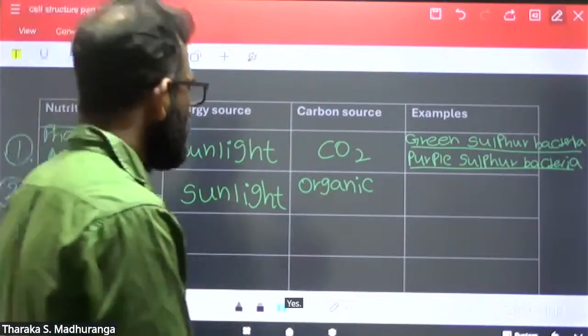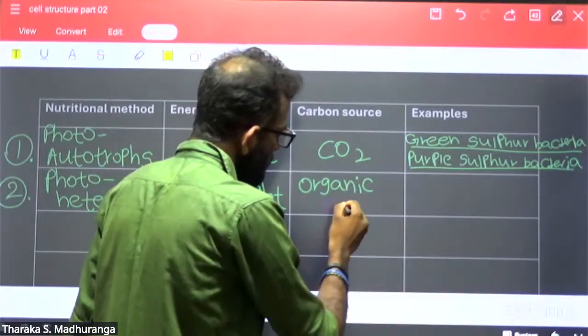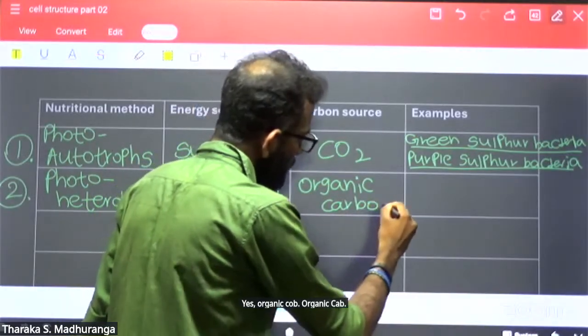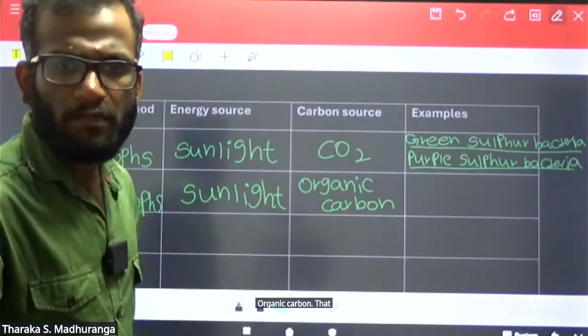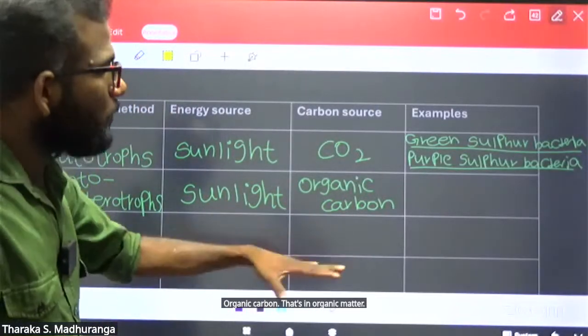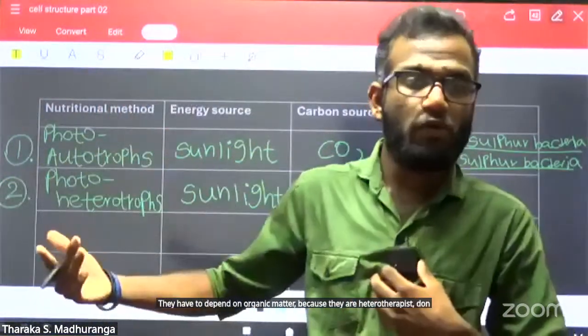They have to depend on organic matter because they are heterotrophic. They don't have chlorophyll.